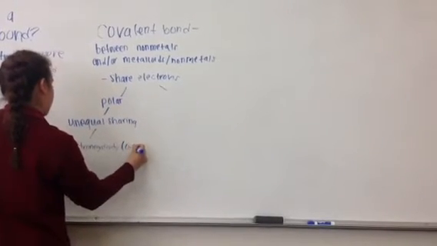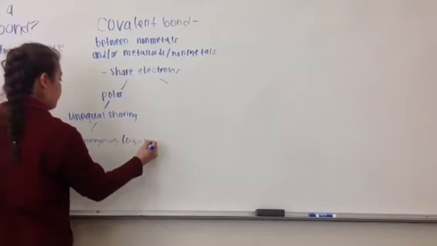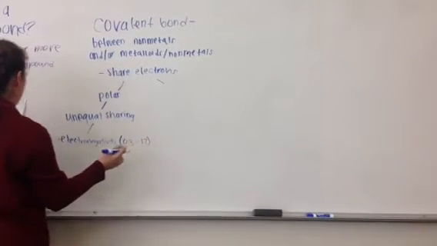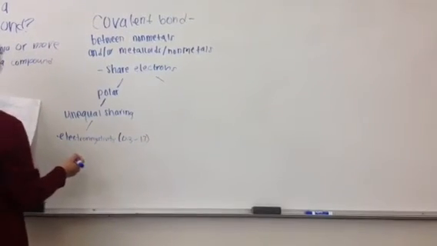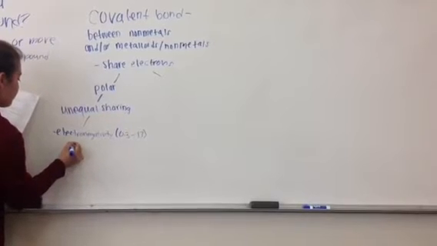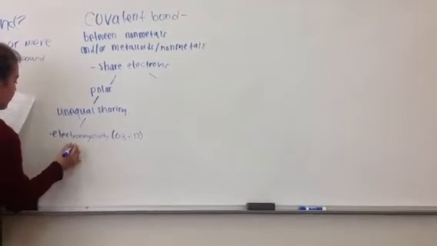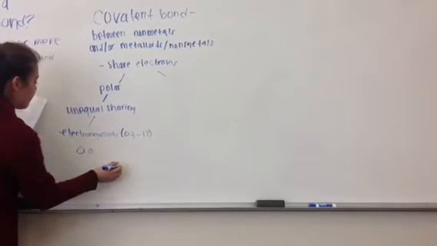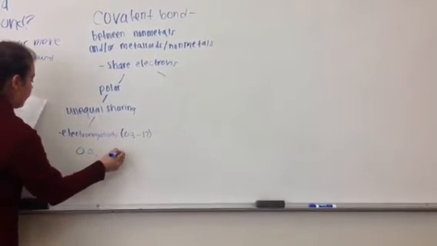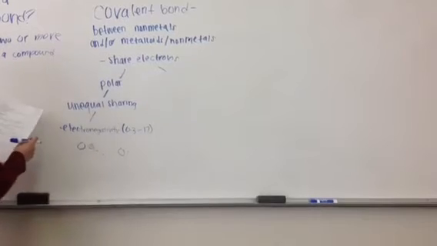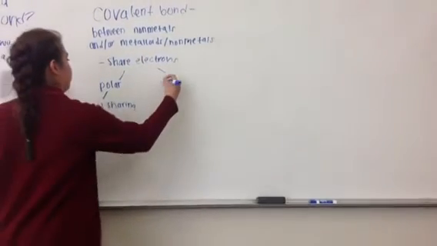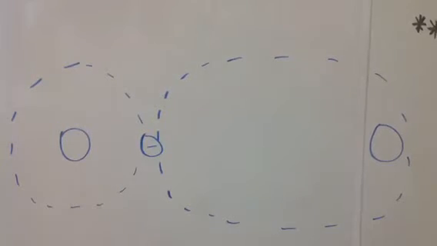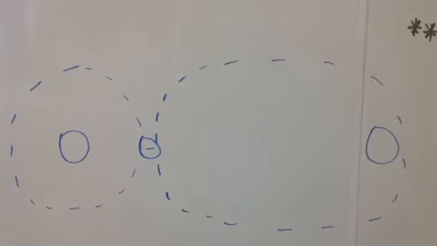This is because of the electronegativity of the atoms. For a covalent bond which is polar, the electronegativity has to be between 0.3 and 1.7. The diagram shows how a polar sharing looks.